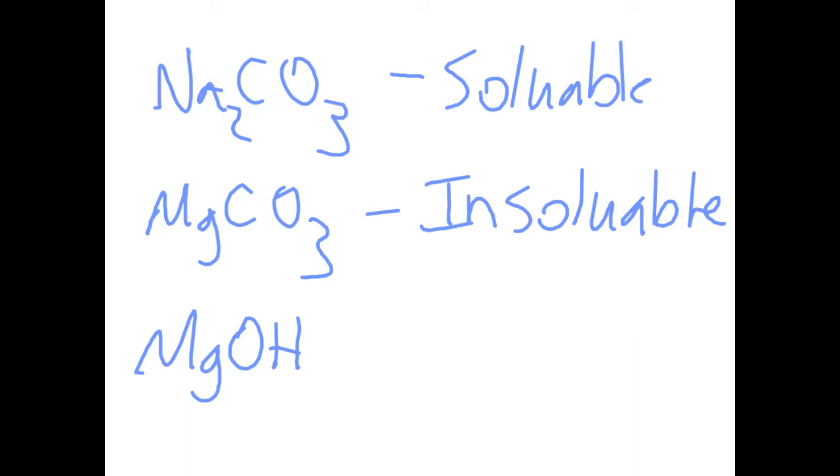Okay, we're not looking at if it has a metal or not. We're looking at whether it's a metal in the first column or not. So sodium's in the first column, right? Soluble. Magnesium is in the second column. Insoluble. Okay? So, what is this one? Good. Hard word to say. Okay. Insoluble.